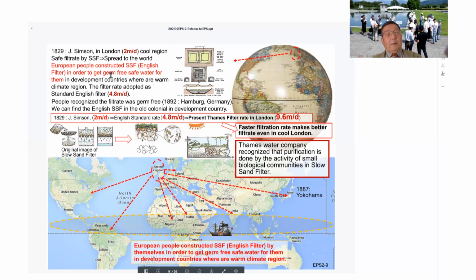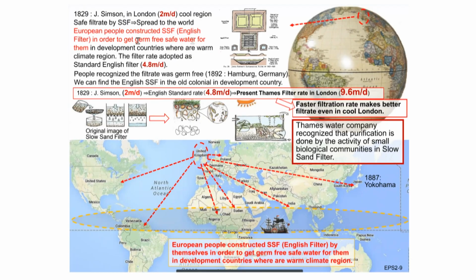And this slow sand filter makes safe, germ-free water by just the slow sand filter. In that case, the original filtration rate is only 2 meters per day.